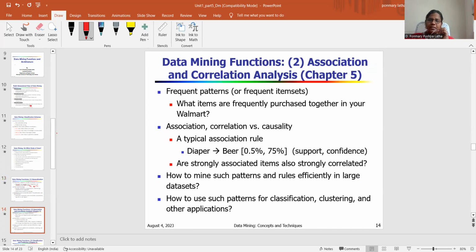Suppose a person who is buying bread will be buying jam also, or jam and egg. That kind of rules you can form. That is an association, and you can call it rules or patterns.